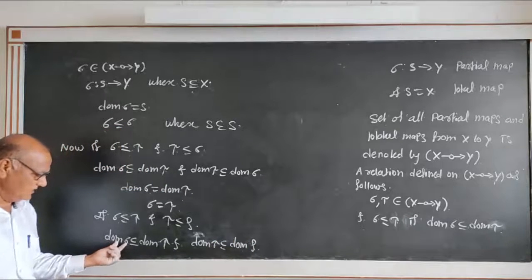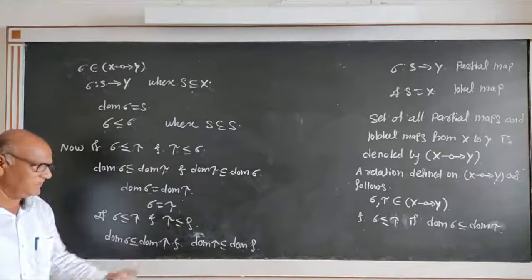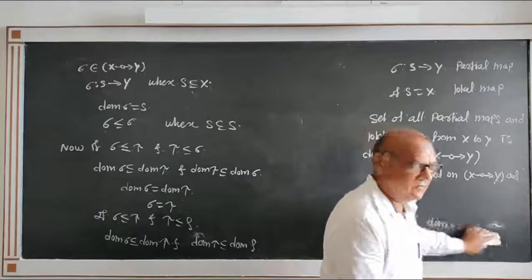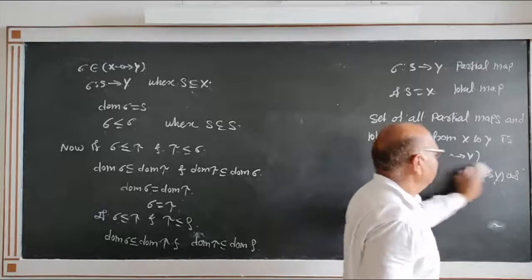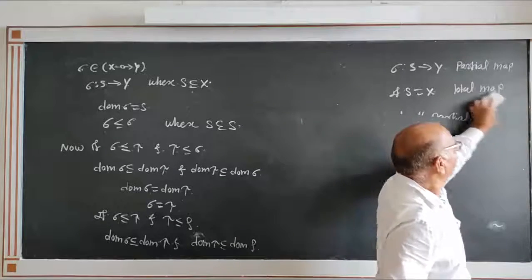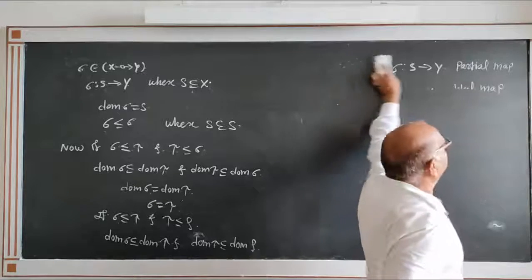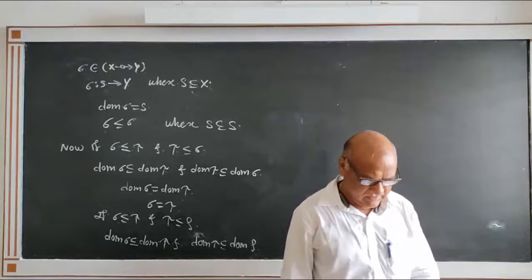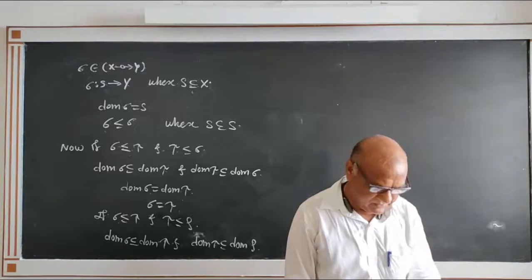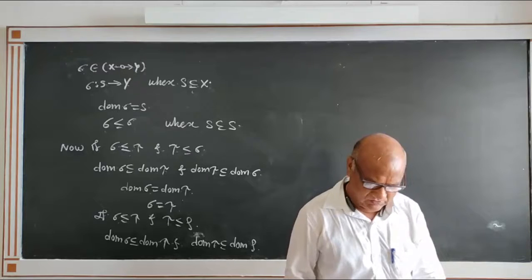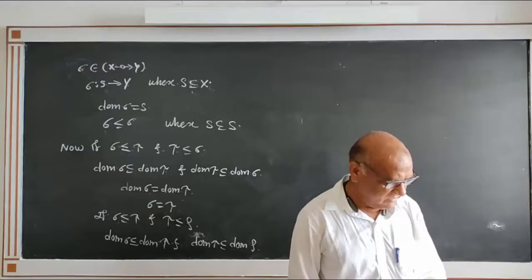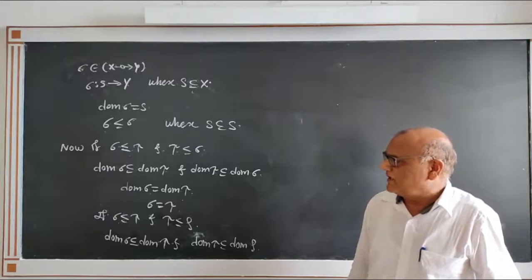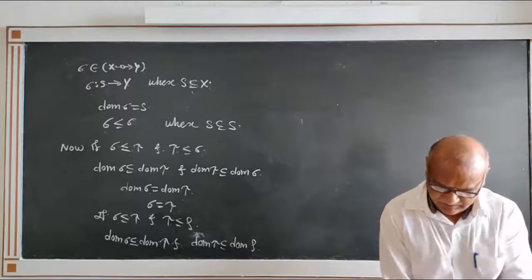Clearly domain sigma is a subset of domain rho, and therefore sigma is related to rho and satisfies the transitive property. And so it is an order relation, that means a partial order relation.